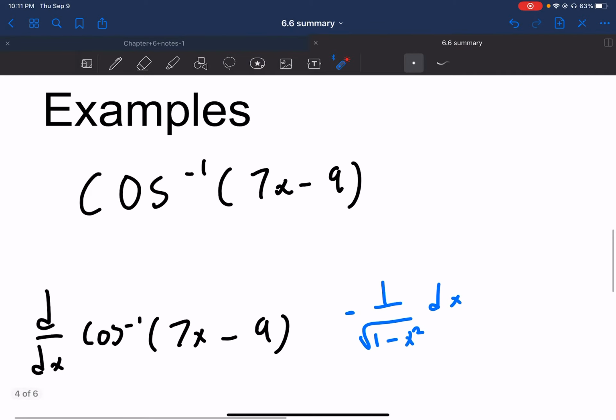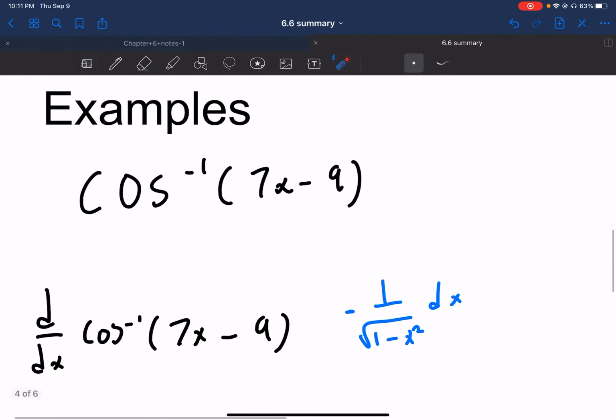Remember that. For this case, instead of just x, we have 7x minus 9 right here. The way I think of it is that this is basically just x. You could put u or something else like that, but I just like to think of it as the inner function.